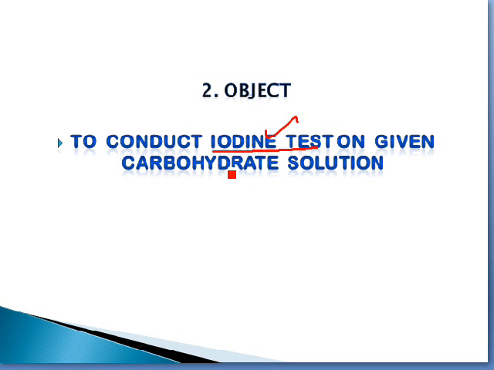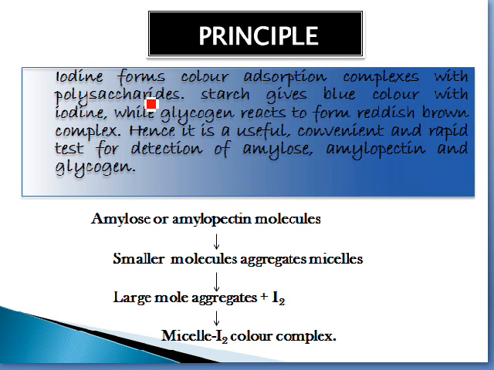Now we will move to our next experiment, that is the iodine test of a given carbohydrate solution. This slide shows the principle. As you must know, glycogen and starch are made up of amylose and amylopectin molecules, and iodine forms a color adsorption complex with polysaccharides.